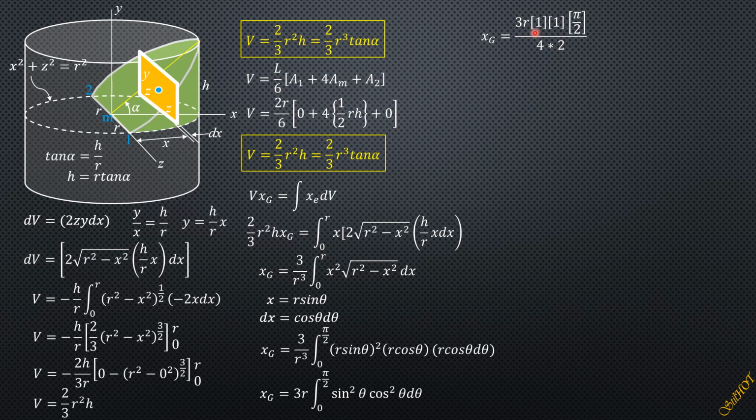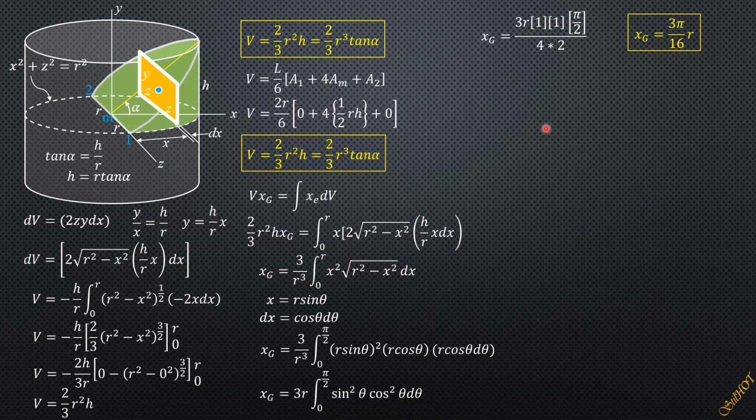So xg is 3 pi over 16 r. So that's it, and you don't need to memorize. As long as you know the principle of integral calculus, then you can easily derive that formula.